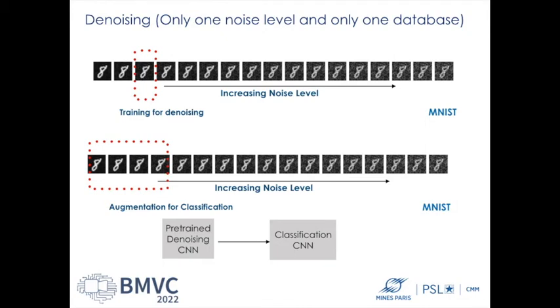Accordingly, we settle on a complicated case where only one noise level is used during training, and only one kind of database. So this CNN is used as a pre-training model for the denoising, and its output is used in a supervised classification model. In all our experiments, we use the MNIST database for the denoising.